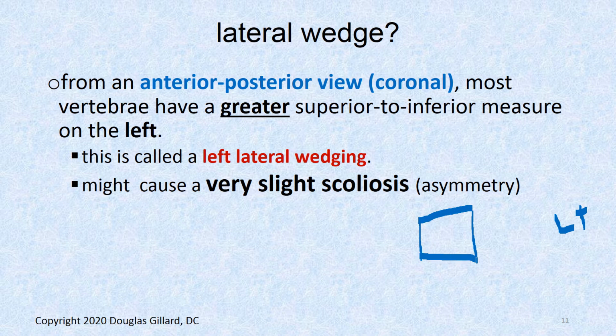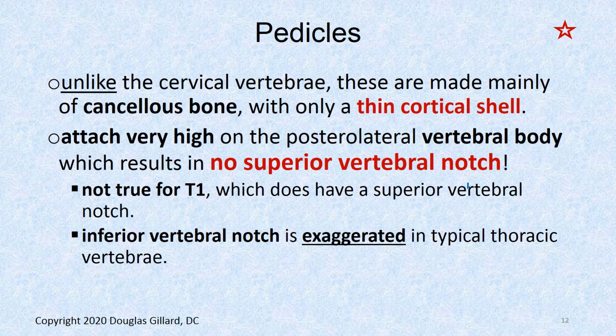There tends to be a slight wedge that way, and therefore you can start to get a little bit of a scoliosis with apex left because of that. That's not really enough to be a scoliosis. It's more asymmetry, meaning the Cobb's angle is under 10 degrees. But that's normal. It's abnormal to have a perfectly straight thoracic spine. There should be a tiny asymmetry there.